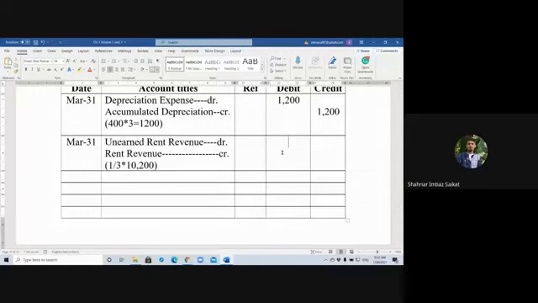Tell me the amount. 3,400. Yes, you are right. 3,400. Next, what will be the date? March 31.